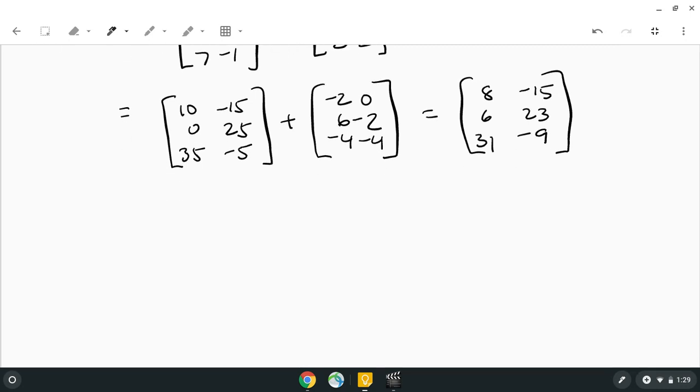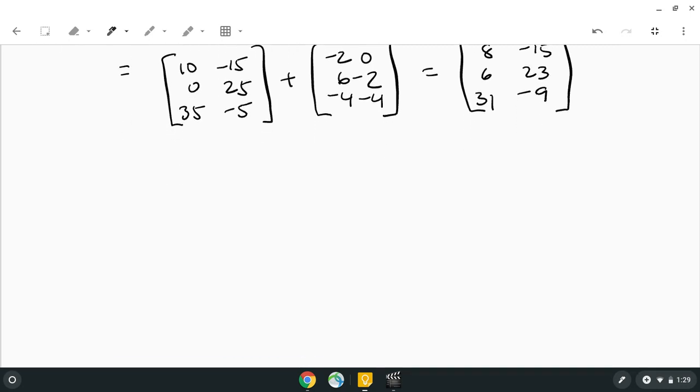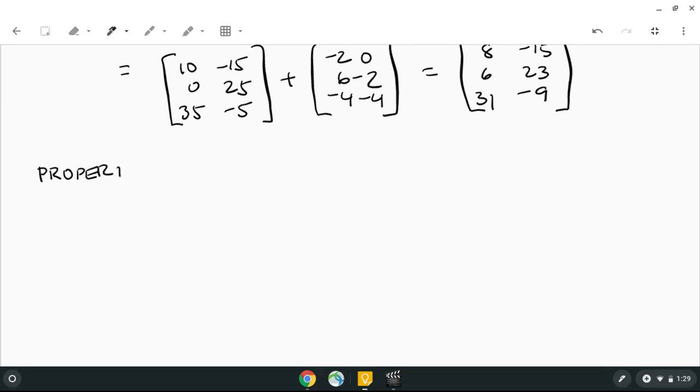Okay, so let's take a look at some properties. We looked at addition, subtraction, and scalar multiplication, so let's take a look at some properties here.